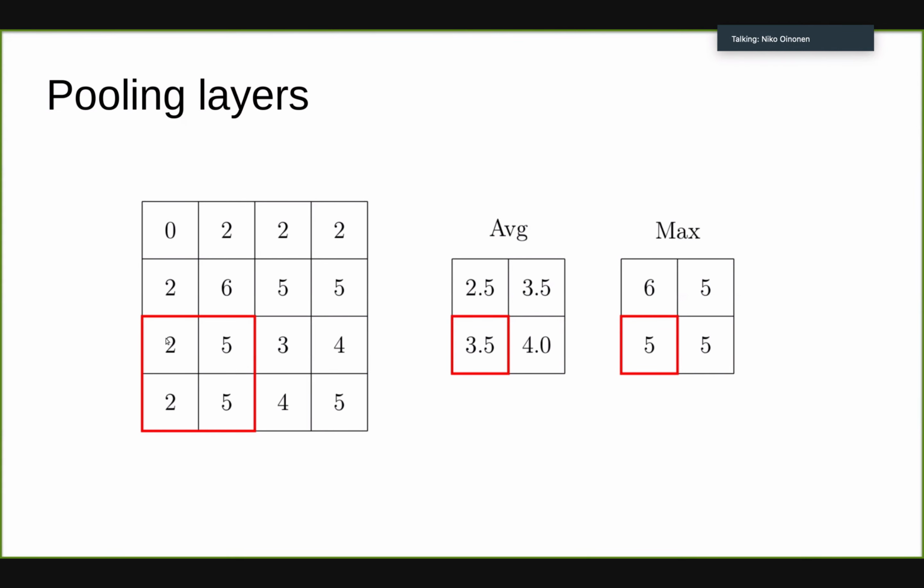So the way that you do it is that you again take some local neighborhood of pixels, and then you perform some operation that only outputs a single value for that neighborhood of pixels. Common operations to use are the average pooling, where you just take the average of the pixel values, or max pooling, where you take the maximum of the values. So this is a way of sort of compressing the information as you go forward in your network.